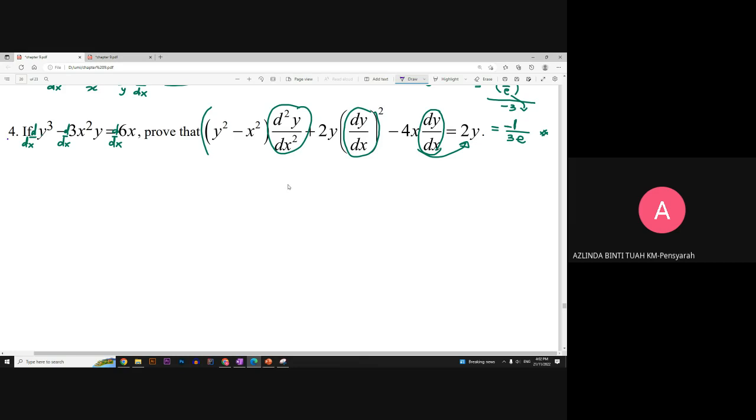Okay, yang di sebelah kiri, first term y cube, I'm going to use power rule with 3 steps. Bring down power, power minus 1, differentiate y. For the second term, we have 2 variables, 3x squared and y. So, we're going to use product rule.